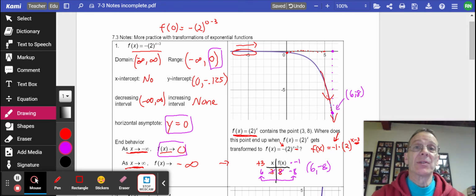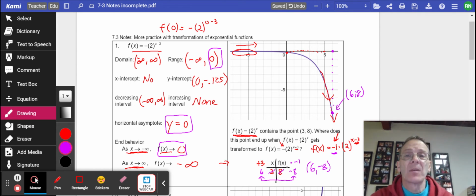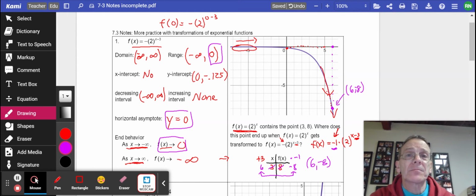So all of this is familiar from 7.2. The only thing we didn't see in 7.2 was this particular type of transformation. But we've seen that type of transformation in the past with quadratics and with polynomial functions, and just with functions in general. Okay. So what's new in 7.3? Well, nothing really.